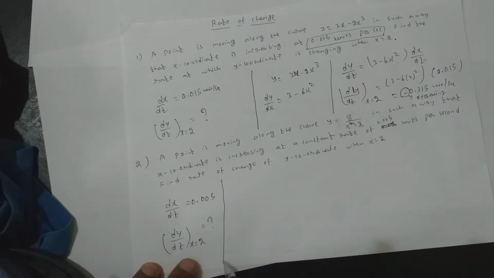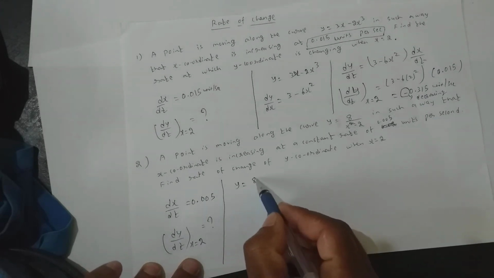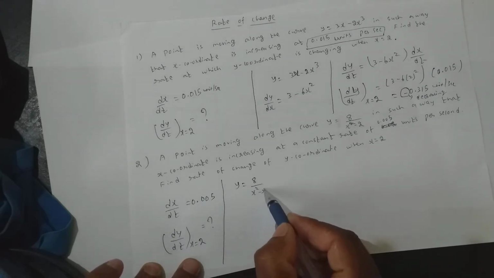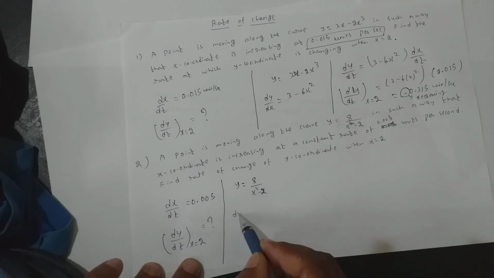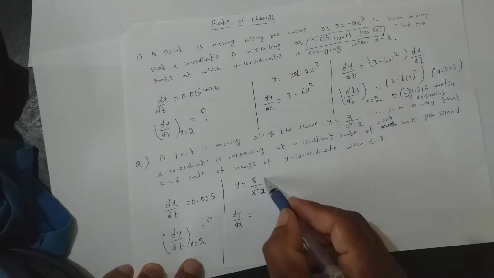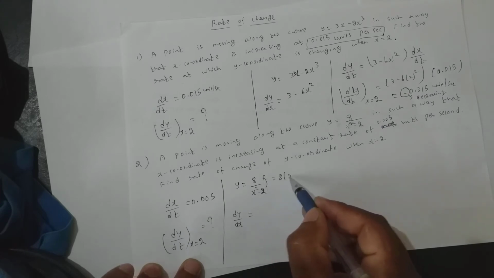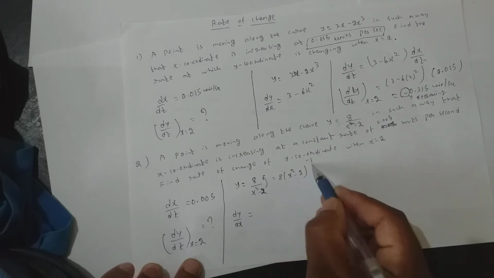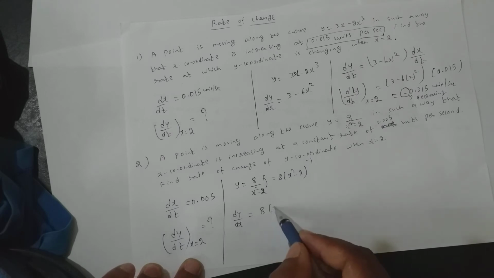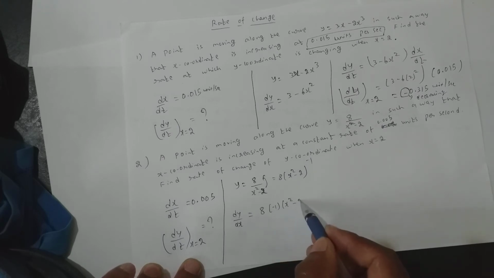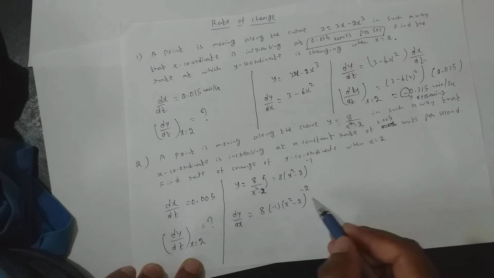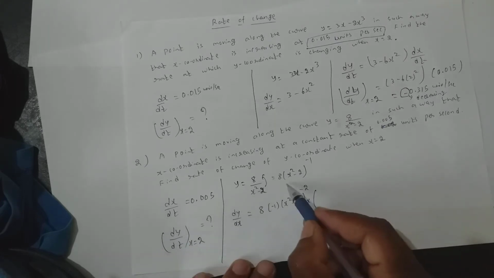So first, what will I do? y equals 8 by x square minus 2. Can I directly get dy by dx? No, first I need to take it up. So 8 into (x square minus 2) whole power minus 1. So it becomes 8 into minus 1 into (x square minus 2) power minus 1 minus 2 into d by dx of whatever you assumed in place of x.